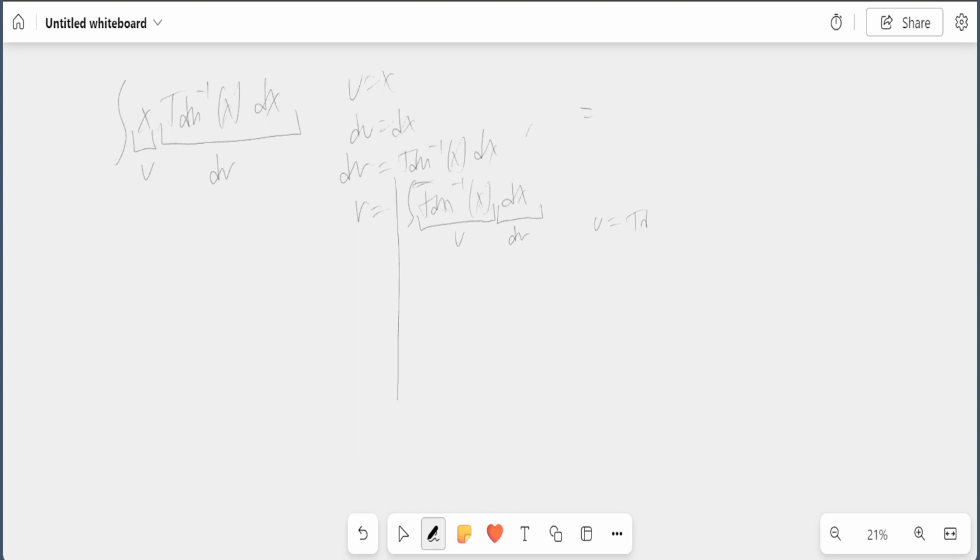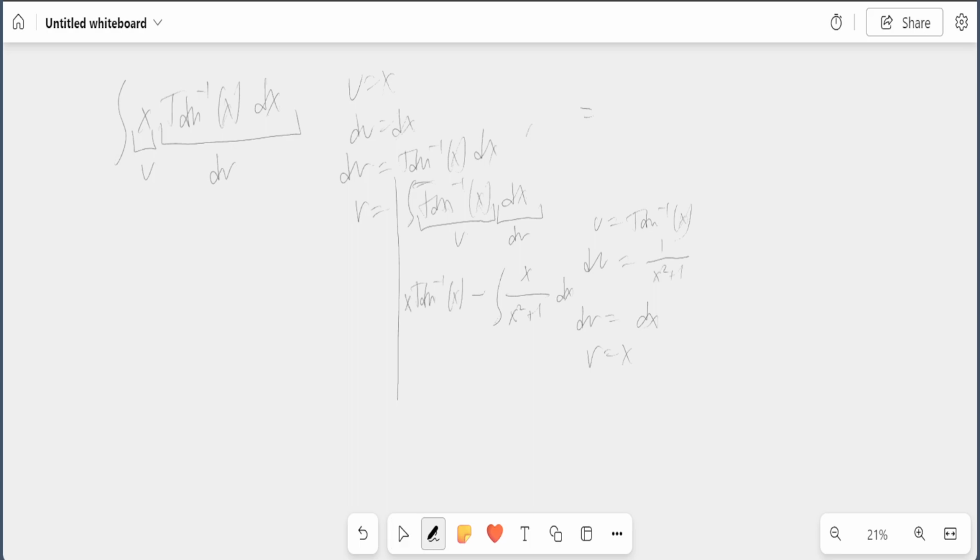u is equal to tangent inverse x, du is equal to, I'll spare the triangle for now, I think it's this, right? dv is equal to dx, v is equal to x. So now it's uv, tangent inverse x times x, minus v du, which is x over x squared plus 1.